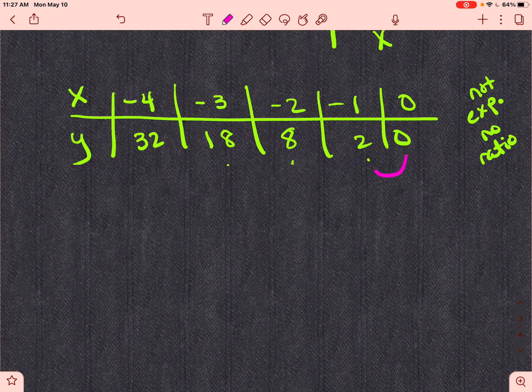I'm going to do 0 minus 2, -2. 2 minus 8 is -6. 8 minus 18 is -10. And 18 minus 32 is -14. Let's go ahead and subtract again because it's definitely not linear.